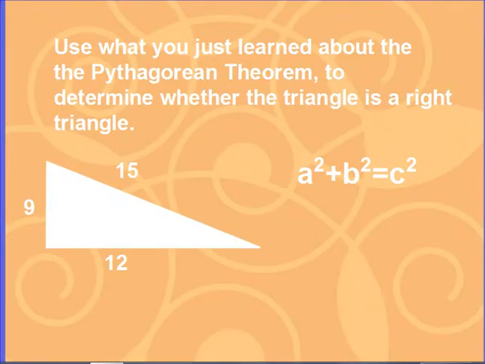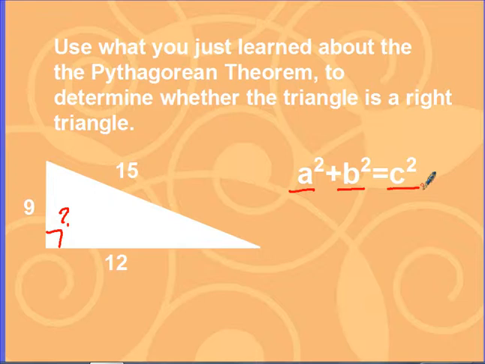Using what we know about the Pythagorean theorem, we can determine whether a triangle is a right triangle or not. Let's look at this example. I'm questioning whether this is a right triangle or not. I know that if it's a right triangle, a squared plus b squared is going to equal c squared.